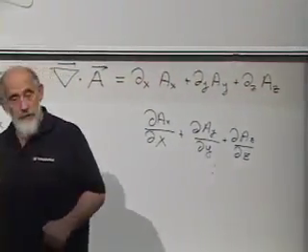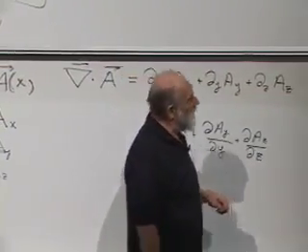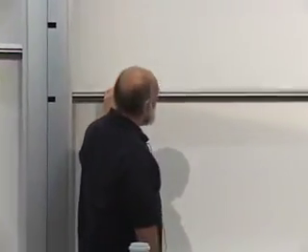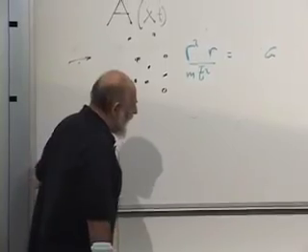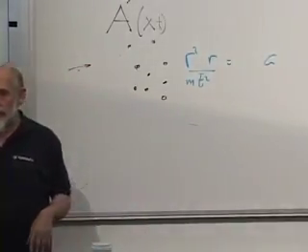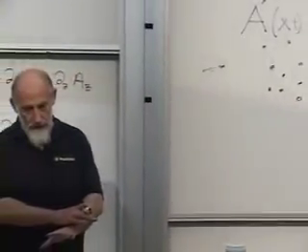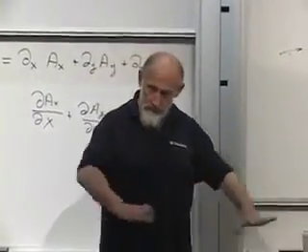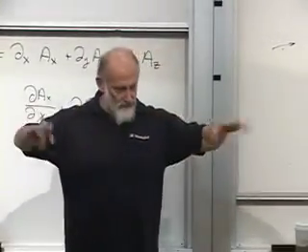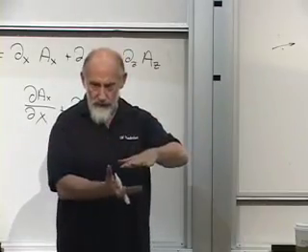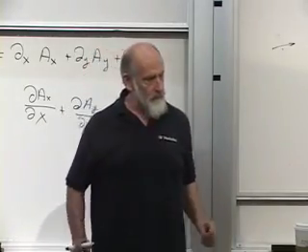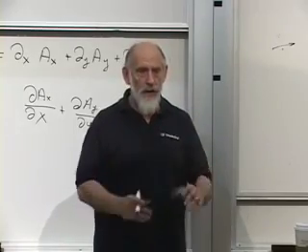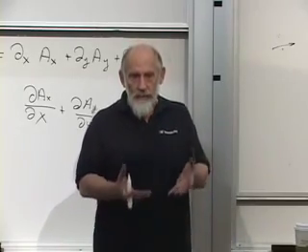Let me try to give you some idea of what divergence means in a context where you can visualize it. Imagine that we have a flat lake, a shallow lake, and water is coming up from underneath. It's being pumped in from somewhere underneath. What happens if the water is being pumped in?